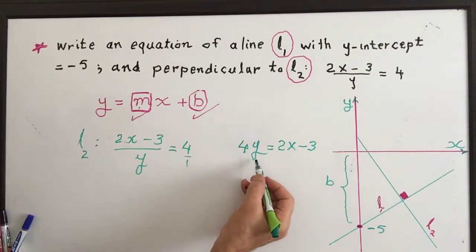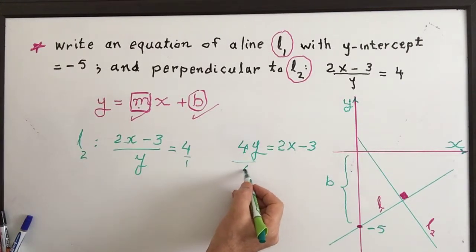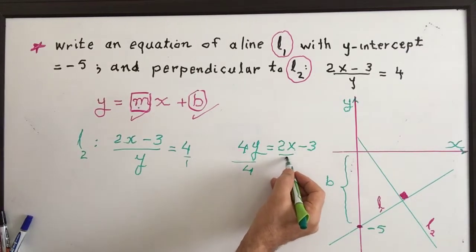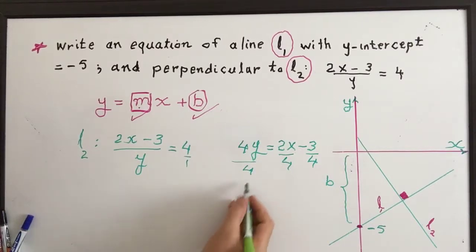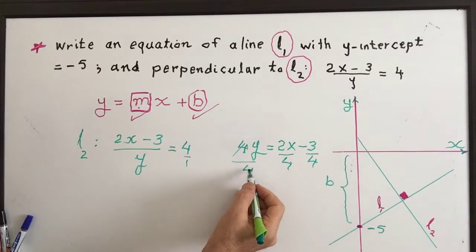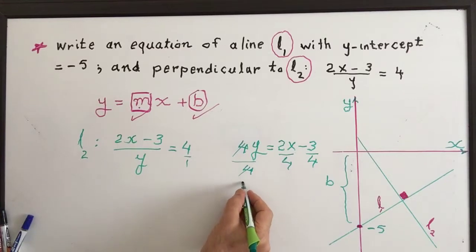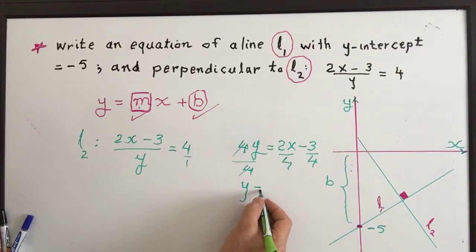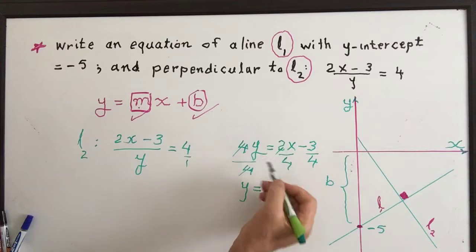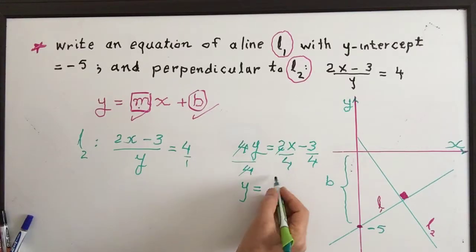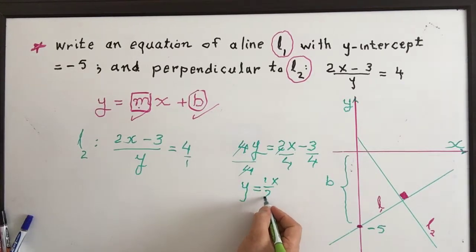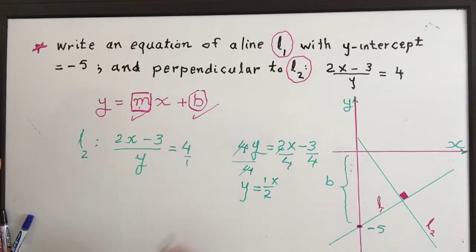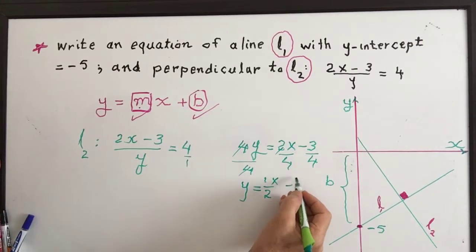Then we can divide each term in the equation by 4. The 4 will cancel with 4, giving y is equal to, here 2 cancelled with 2, so 1x over 2, that means 1/2 x, minus 3 over 4.